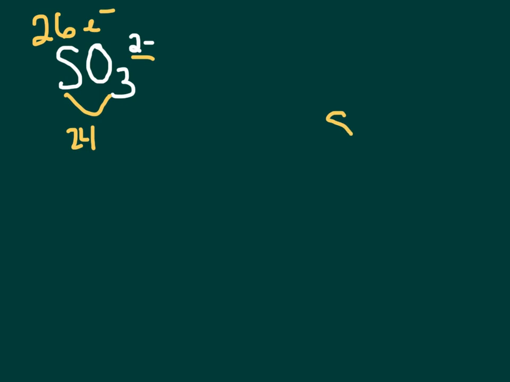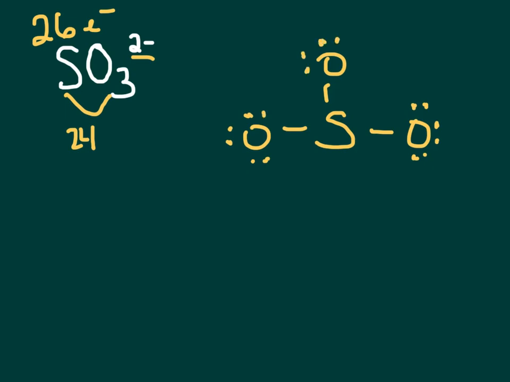Sulfur is going to be our central atom, and I'm going to put oxygens around it. 3 oxygens, connect those with single bonds. That's 6 electrons so far. I put dots on the outside, 8, 10, 12, 14, 16, 18, 20, 22, 24, and then I've got 2 extra ones. Those will go right in the central.